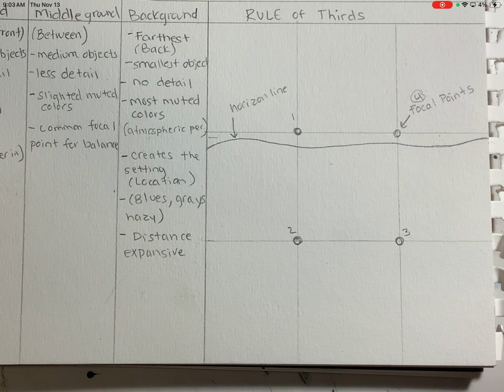So everything in the back small. Come down, it gets bigger. If you want to get real crazy, you can have it go through all your focal points.